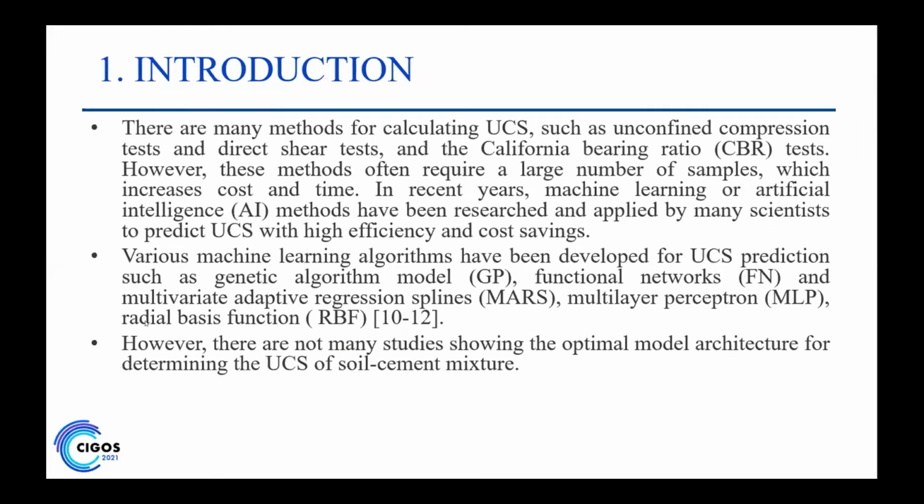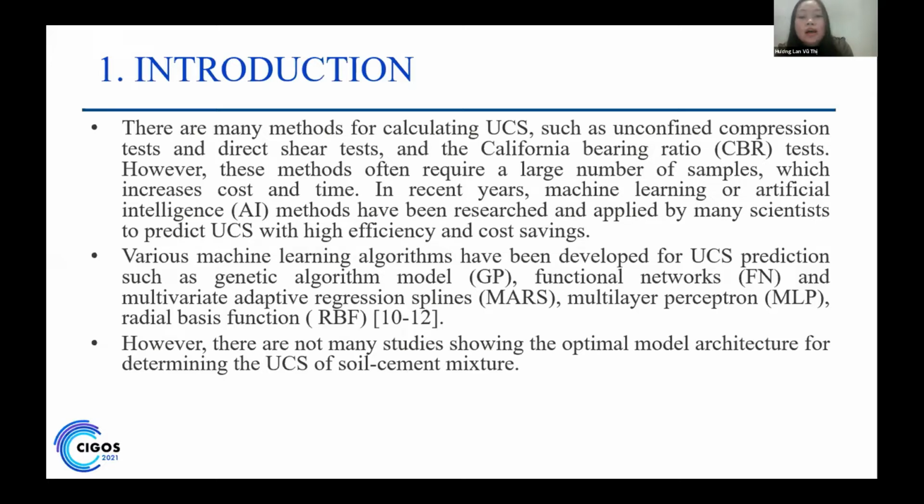There are many methods for calculating UCS, such as the unconfined compression test, the direct shear test, and the California bearing ratio test. However, these methods often require a large number of samples, which increases cost and time.